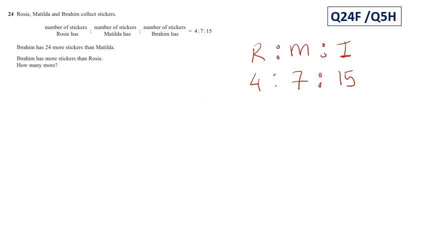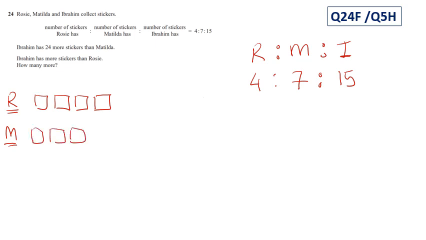So in order for us to draw the box diagram, I'm going to write R for Rosie on the side and draw 4 boxes that represent Rosie's share. I'm going to do the same for Matilda. So Matilda, draw 7 boxes that represent her share. That's 7. And lastly, draw 15 boxes for Ibrahim's share.